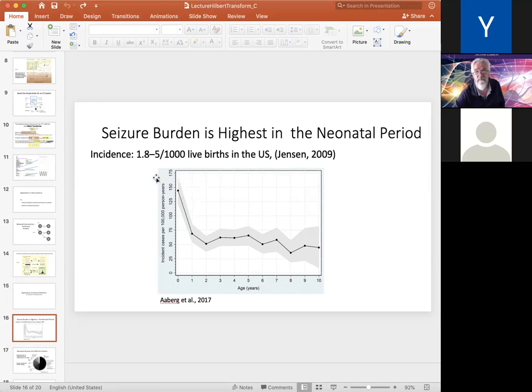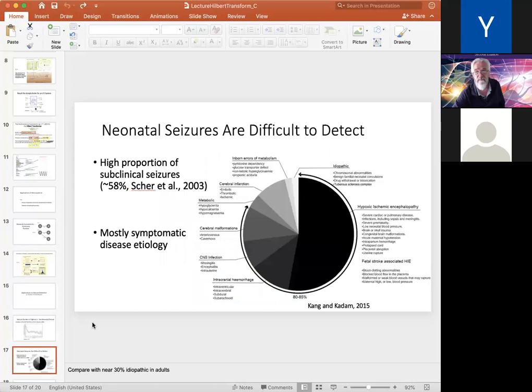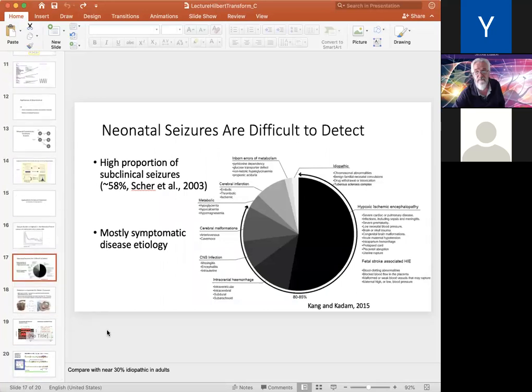Part of this heightened seizure susceptibility might be factors that are intrinsic to infant brains, but there are extrinsic insults to the central nervous system that occur during the neonatal period that usually end up manifesting as seizure activity. So if we go to the next slide, we can see here this chart shows that the majority of neonatal seizures are symptomatic.